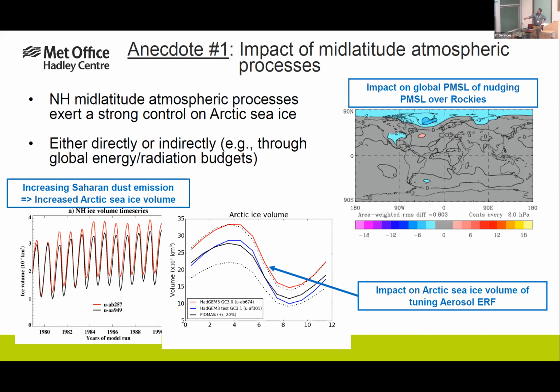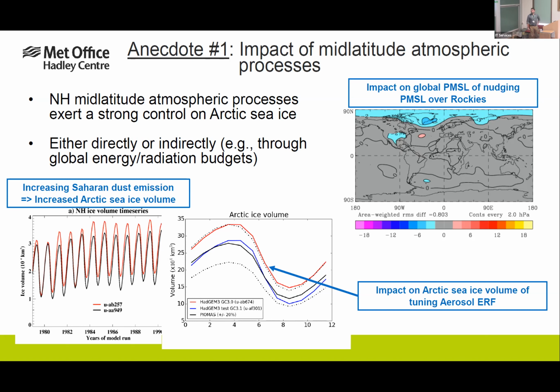When we were trying to freeze our CMIP6 model, this is a time series showing the impact on sea ice volume of a very slight bug fix someone put in to the emission of Saharan dust. So this red line has got double the emission of Saharan dust, and the sea ice volume is increased by, well, I guess about 10% of the total.